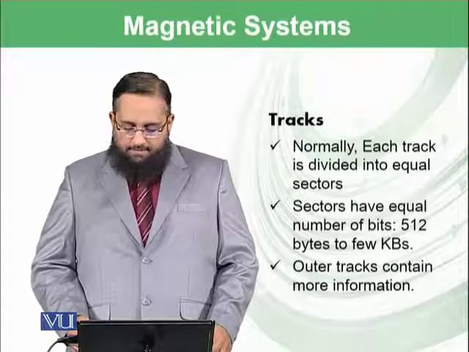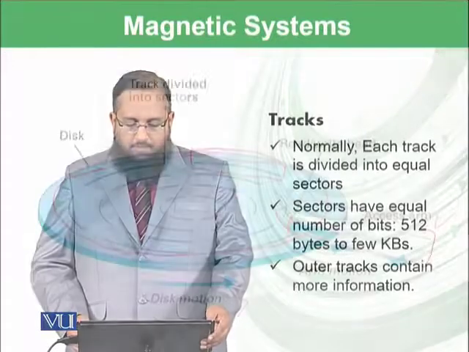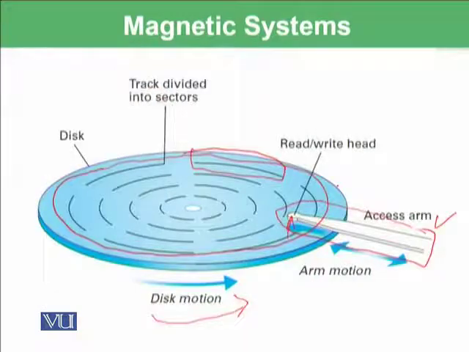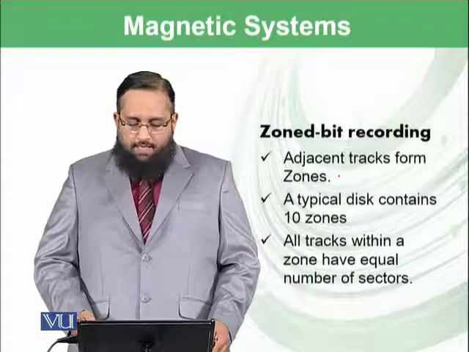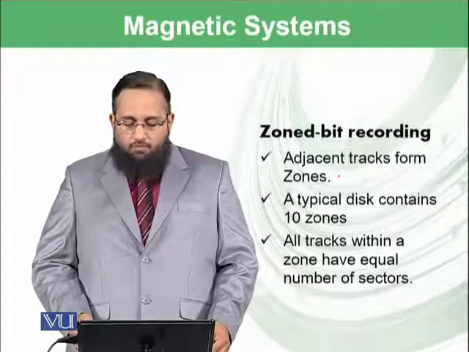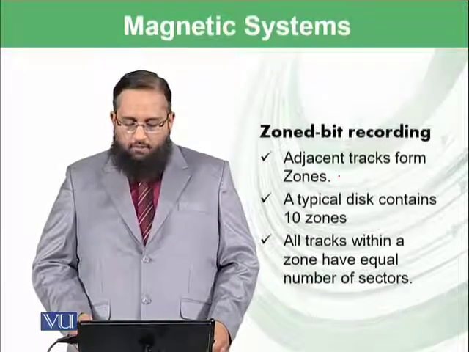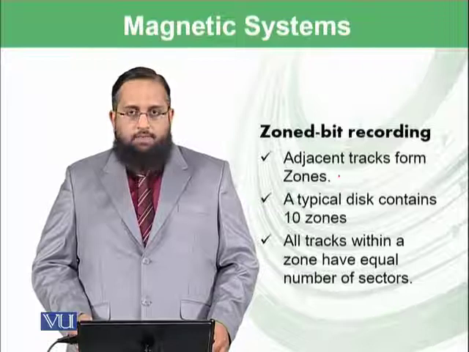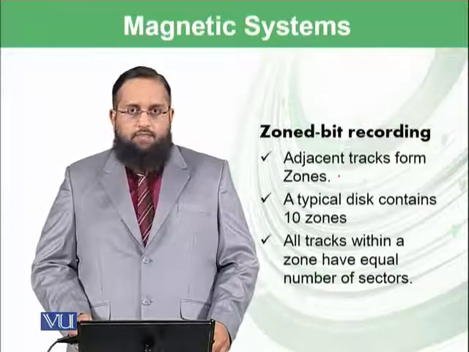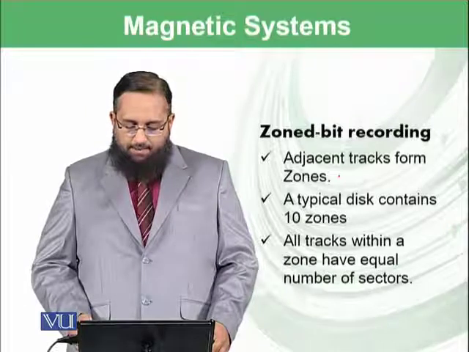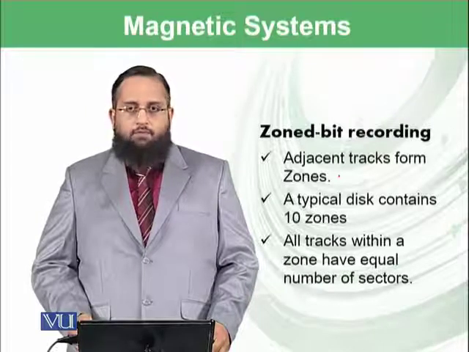And outer tracks contain more information because you can see that outer tracks are comparatively large in area. Then there is a concept of zone bit recording. Adjacent tracks form some zones. A typical disk contains 10 zones, and all tracks within a zone have an equal number of sectors.